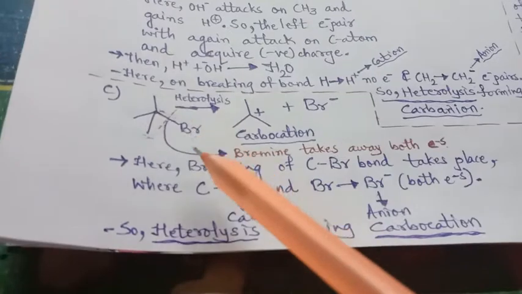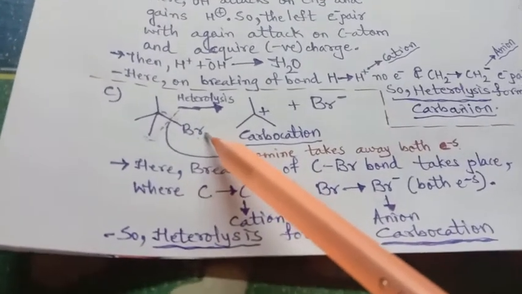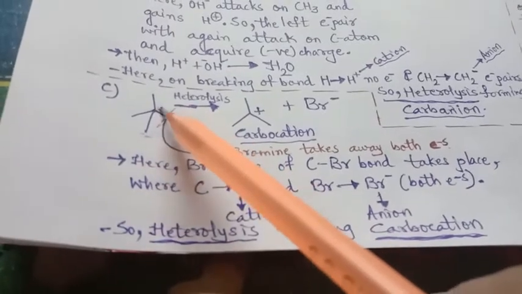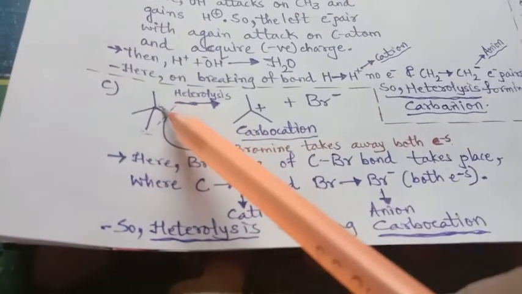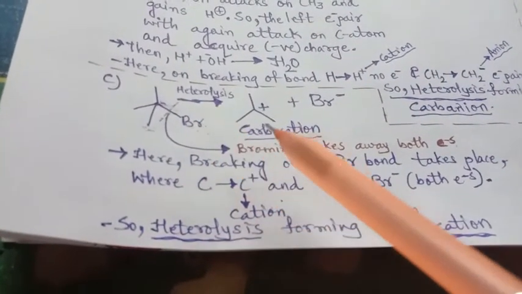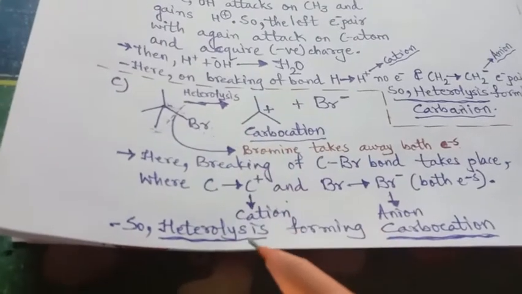Compared to carbon and bromine, bromine is more electronegative, so it will drag the electrons and carbon will have to give them. So carbon will now be the electron giver, so it will have a positive charge, and bromine has taken the electrons, so it will have a negative charge.